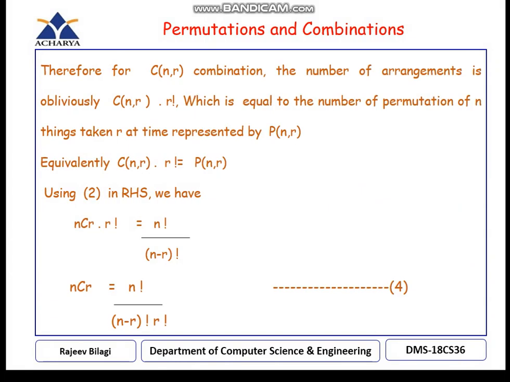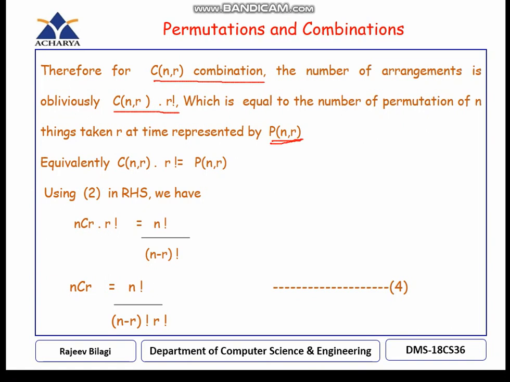Okay. Now if you look at this one, the C and R combination, the number of arrangements is obviously C of n r into r factorial, which is equal to the number of permutations, taking r at a time, that is P of n r.